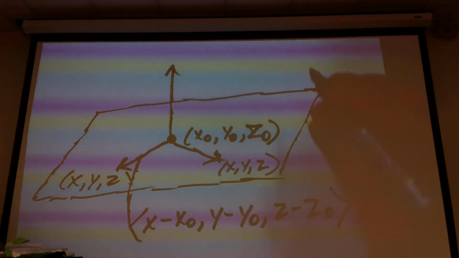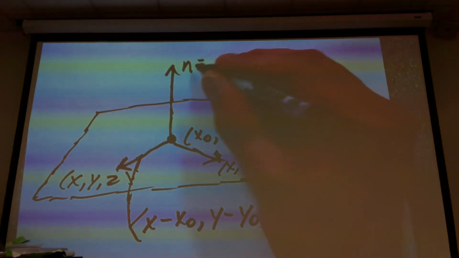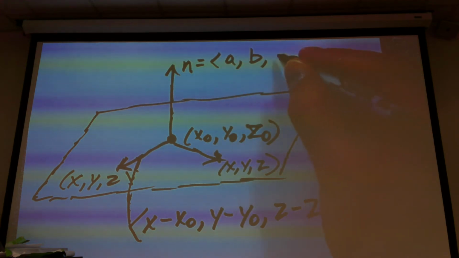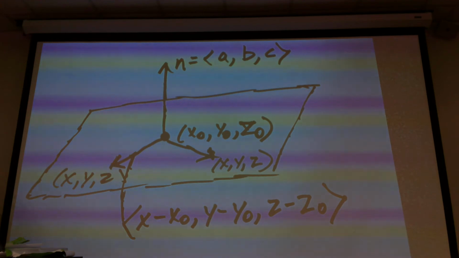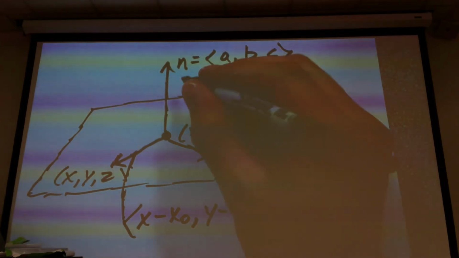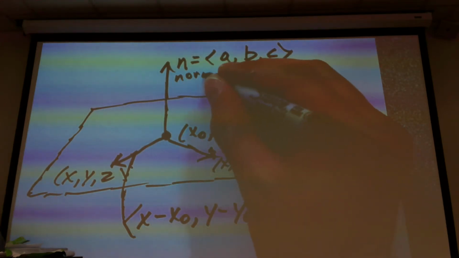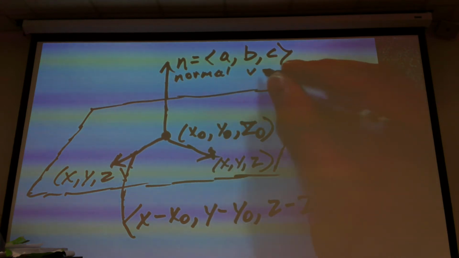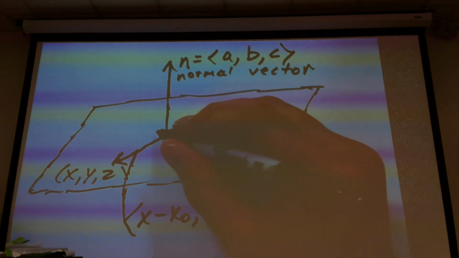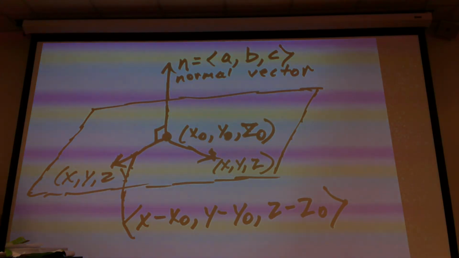Let's say n equals A, B, C. Let's label it the normal vector. This normal vector is going to be perpendicular to every vector existing within this plane.